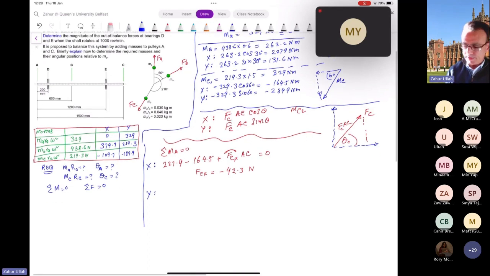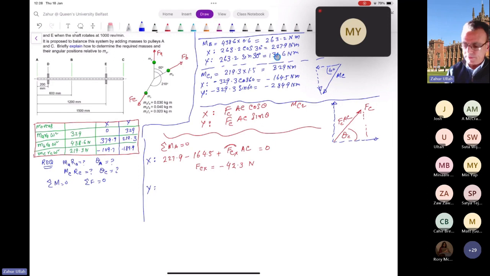So the Y component, again, here is 131.6, and then this is the Y component, which is 284.9. And then this is the Y component, which we assume is positive, and FCY into AC equals 0.